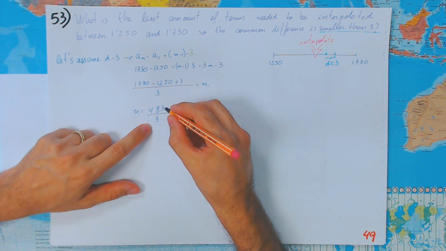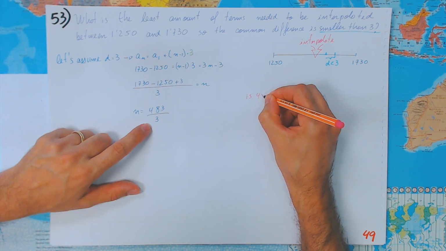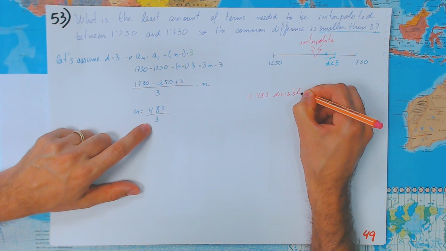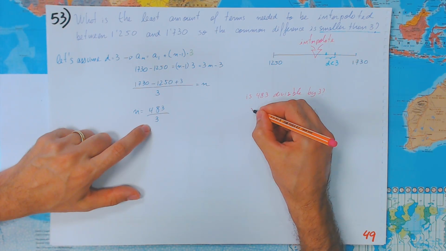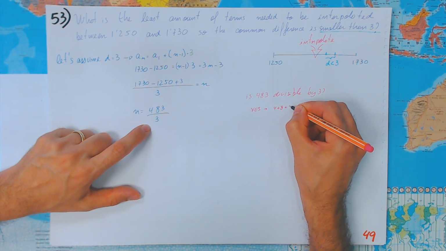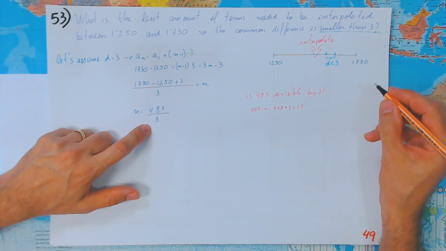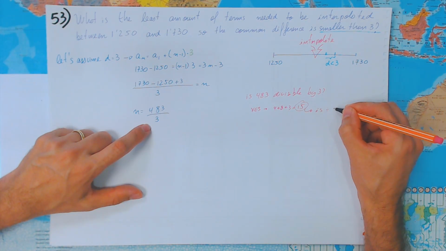Is 483 divisible by 3? Well, yes. Why? Because 4 plus 8 plus 3 equals what? 12 plus 3, 15. Okay? And 15 is divisible by 3.